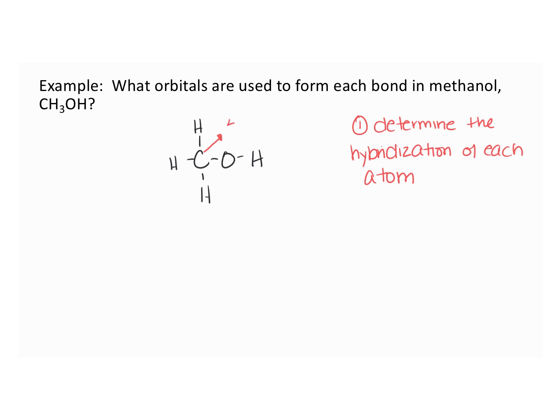Because it has 4 groups, it is sp3 hybridized. Now, we have oxygen there, and we know that oxygen doesn't have a charge, and it's got 2 bonds. So that means it also has 2 lone pairs. And because of that, we say it also has 4 groups and is sp3 hybridized.